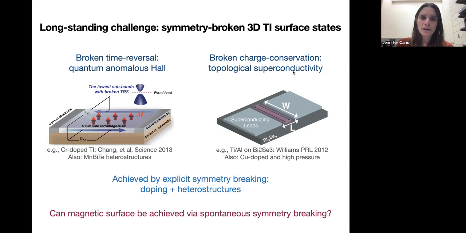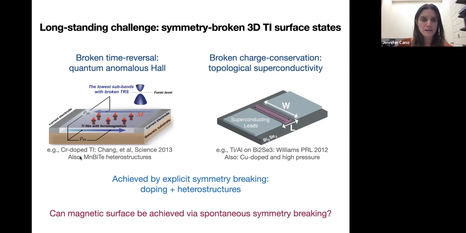But so far, these examples have been realized by explicit symmetry breaking. So for example, in the case of broken time reversal, we can break this explicitly by doping with chromium, which is a magnetic material. And there we can explicitly break time reversal and gap the surface Dirac cone. And this has been known to realize quantum anomalous Hall effect.